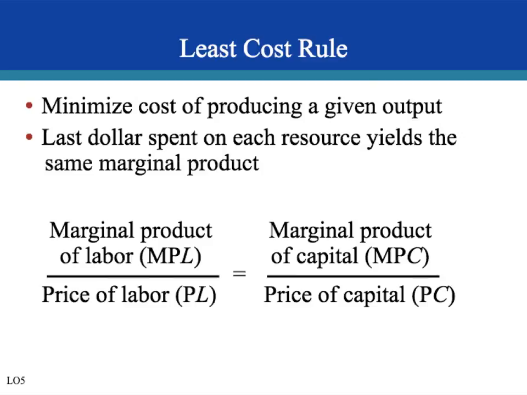However, the least cost rule doesn't necessarily give us the output combination that maximizes profit. There are several different combinations of labor and capital where they can be equal to each other and the least cost rule is realized, but there's only one level of output that can maximize profit, and so we will study this in the next slide.